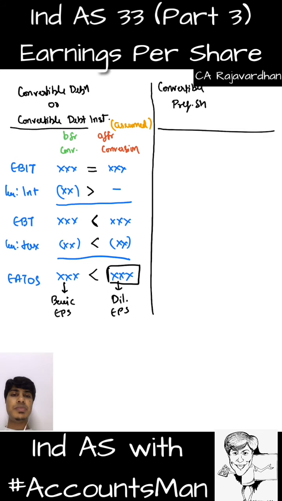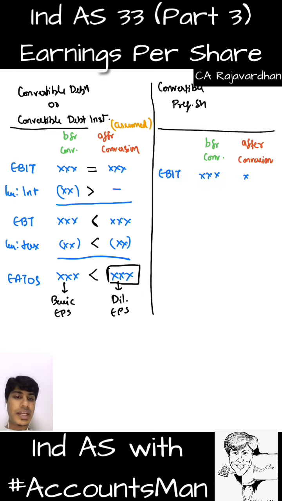So this is something that we understood with respect to convertible debentures. Now let us see what will happen with respect to convertible preference shares, shall we? So again, here also I'll write before conversion, and I'll also write after conversion. I'll have earnings before interest and tax.